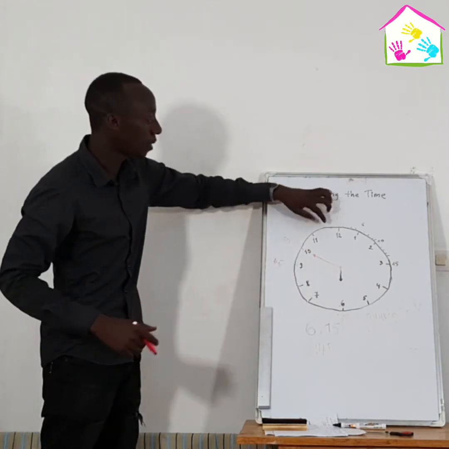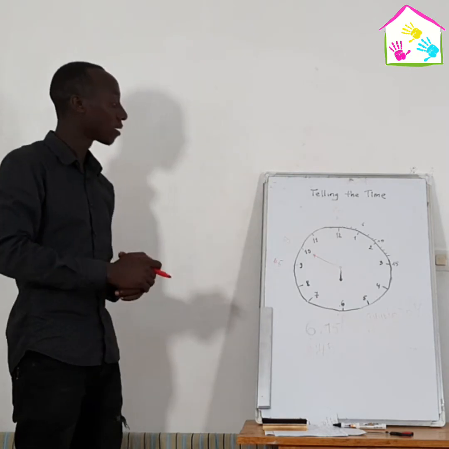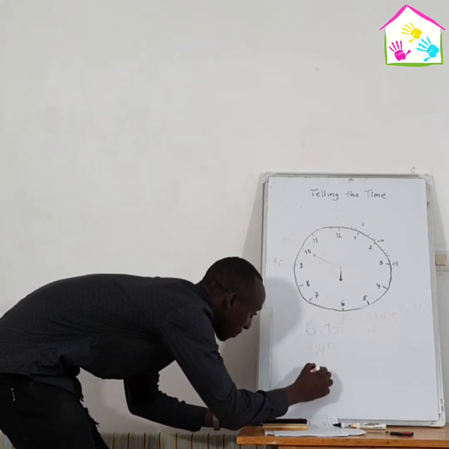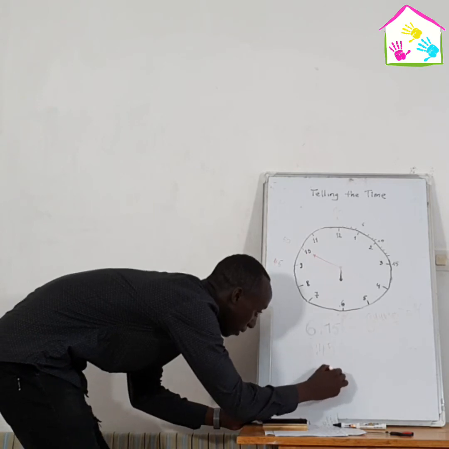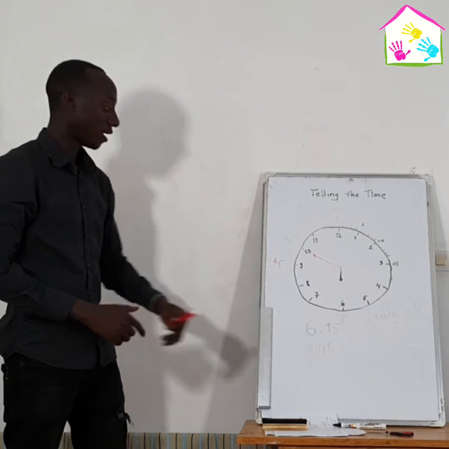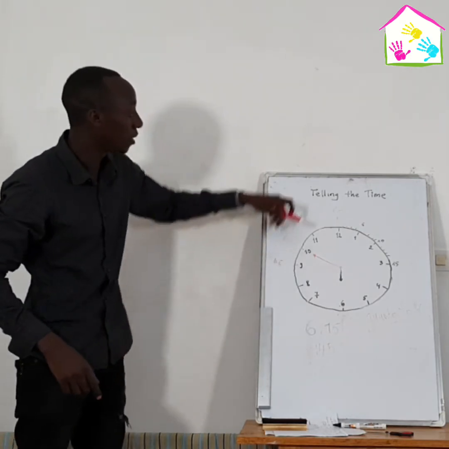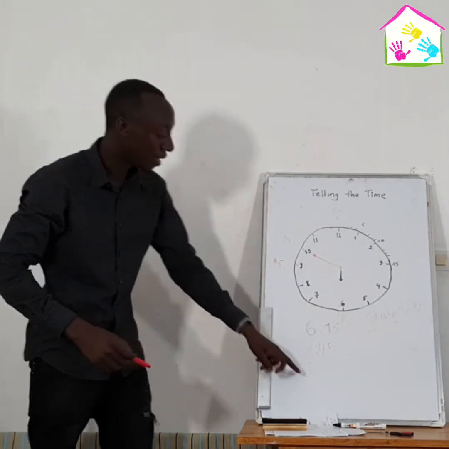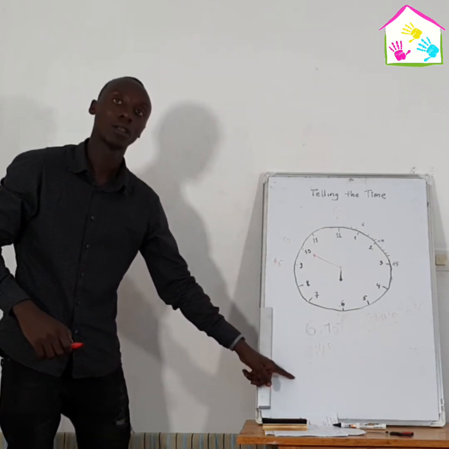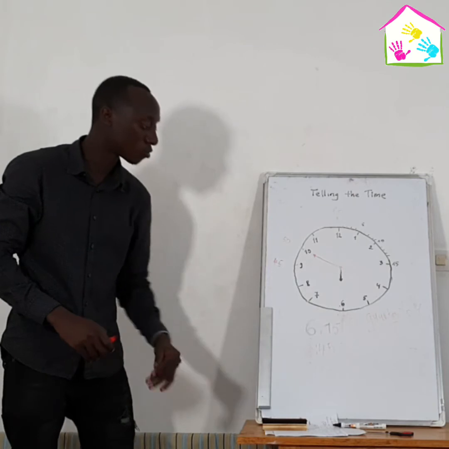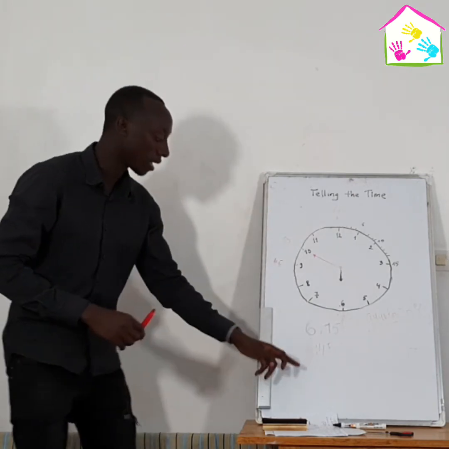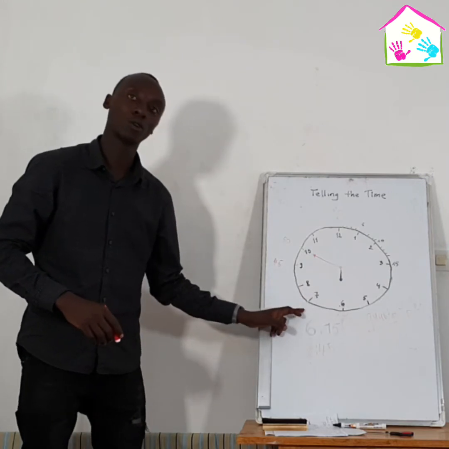We have 10 minutes. And it will be 6:50. How do we tell the time here? It is 10 minutes missing. For us to reach 7 o'clock, we miss 10 minutes. It is 10 minutes to 7 o'clock.